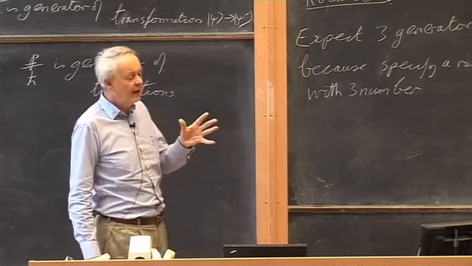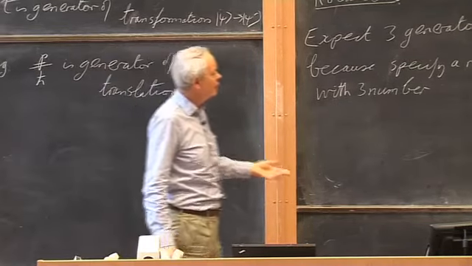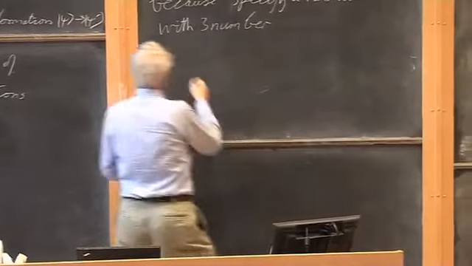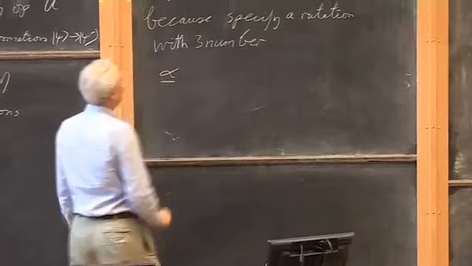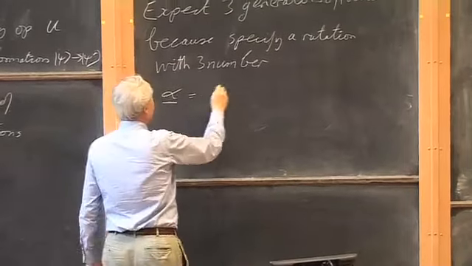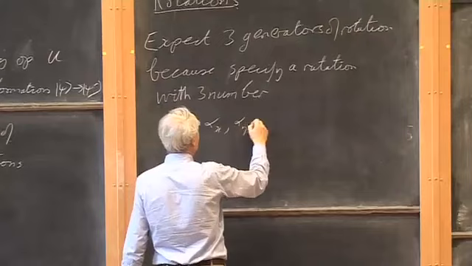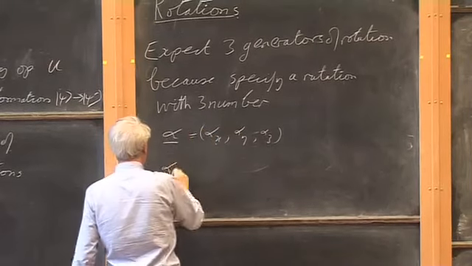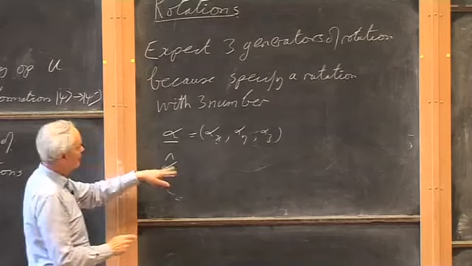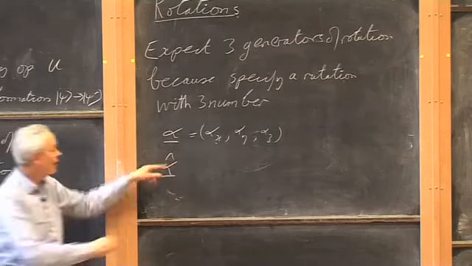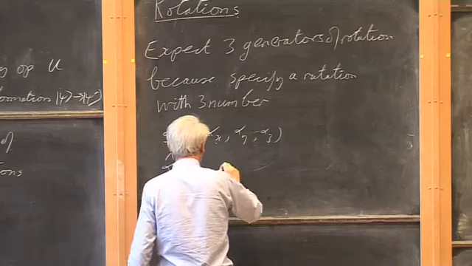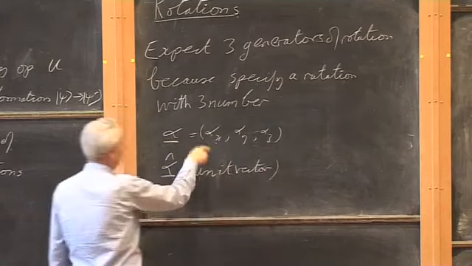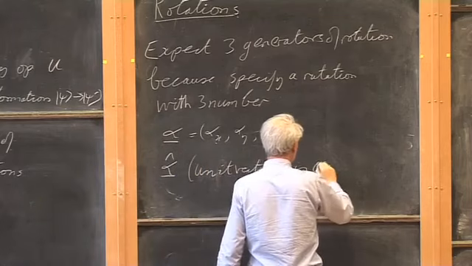But the handiest way to specify three rotations is actually through a vector. We're going to use alpha. So that's alpha x, comma, alpha y, comma, alpha z. So an alpha hat, the unit vector, so this now doesn't mean an operator, it means a unit vector. Unit vector parallel to alpha is axis of rotation.